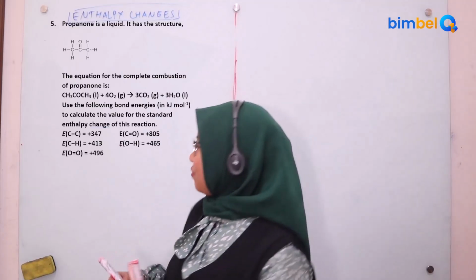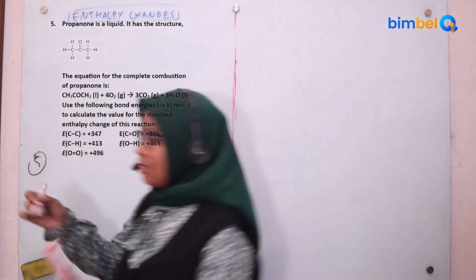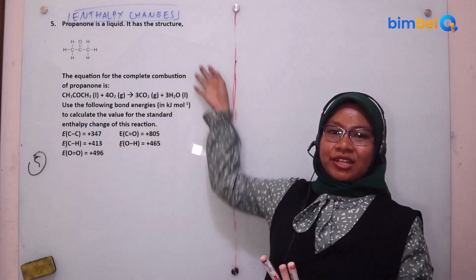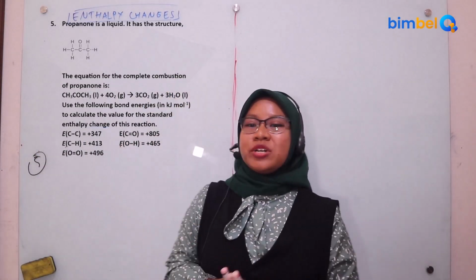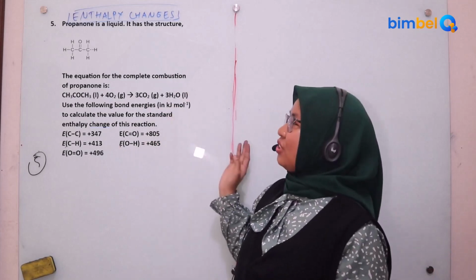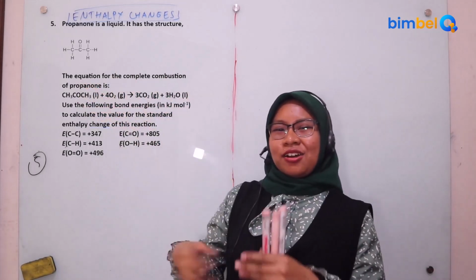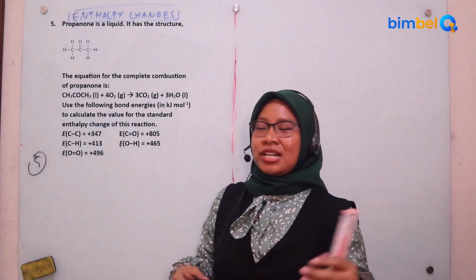Now let's do question number 5. As you can see, it is still the same type of question as number 4, but a little bit more complicated. If you look at this reaction, it involves a bigger compound than the first one.